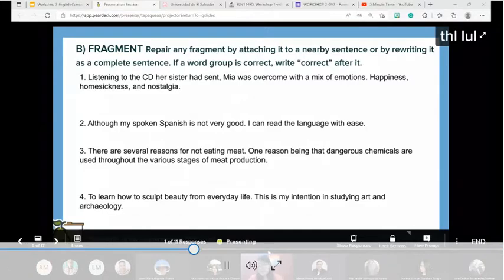Don't worry, it is not necessary to write the whole sentence, but just identifying the fragment and the correction that you are going to present in order to correct that fragment.